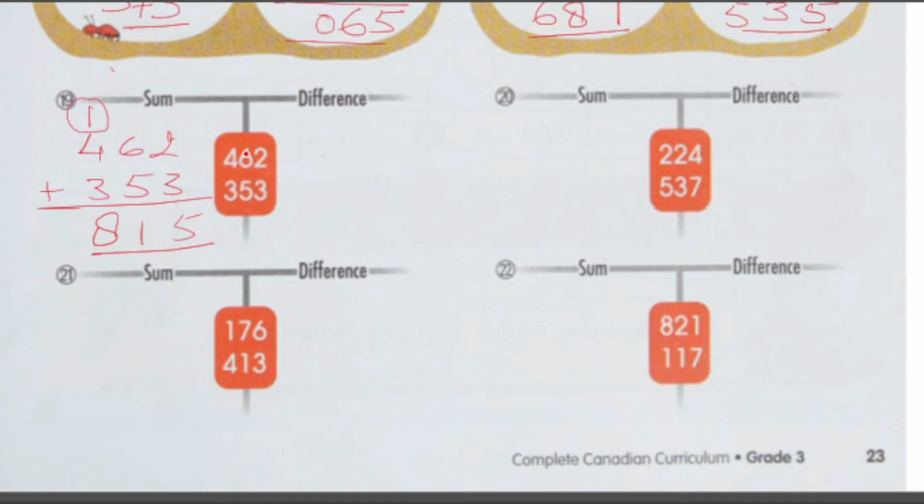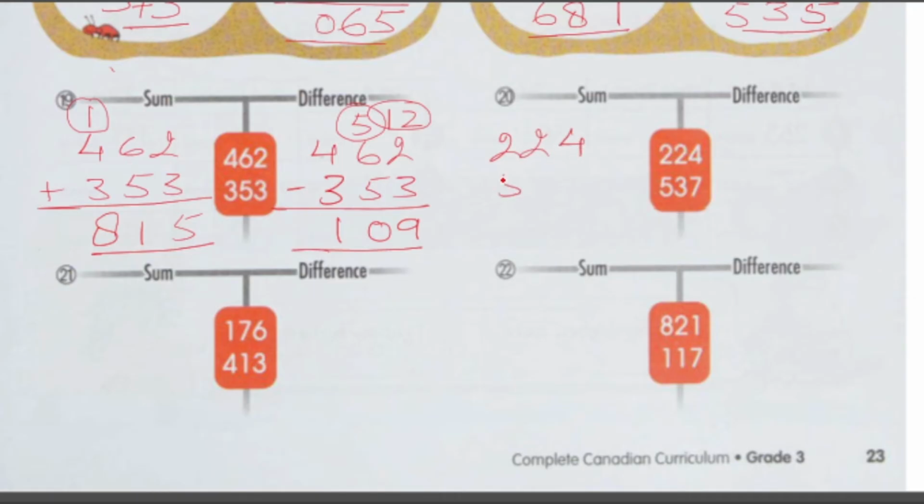That means the sum of these two numbers is 815. Now 462 minus 353. So we have to borrow one number because 3 is greater than 2. So it will become 12 and it will reduce to 5. So 12 minus 3 is equal to 9 and 5 minus 5 is equal to 0. 4 minus 3 is equal to 1. So the difference is 109.